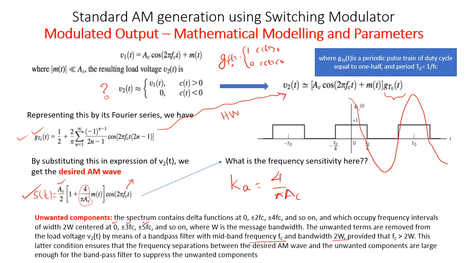If you know that, you should be able to deduce this expression. I have given that as a homework. From that we found the amplitude sensitivity is actually 4 by pi Ac. So this is the overall picture of the switching modulator.